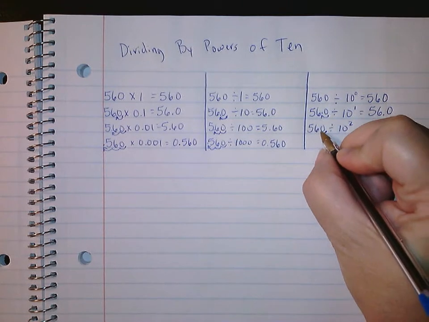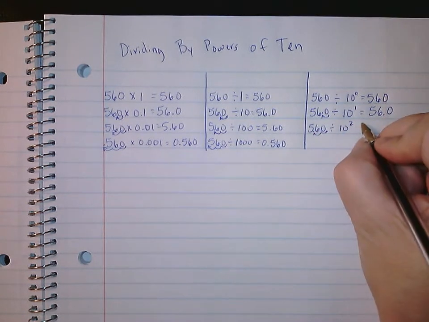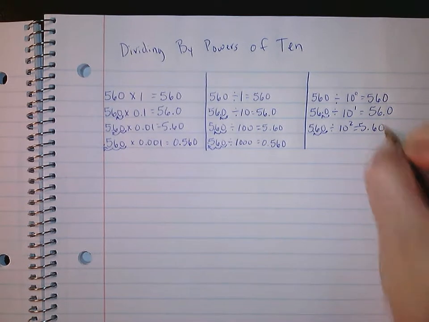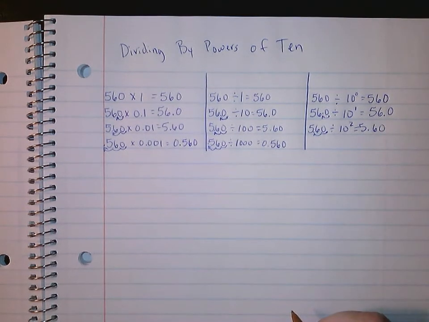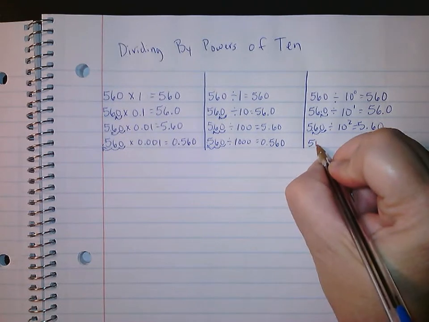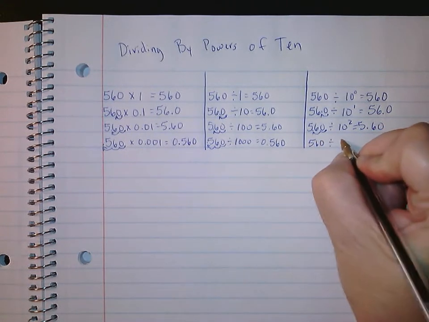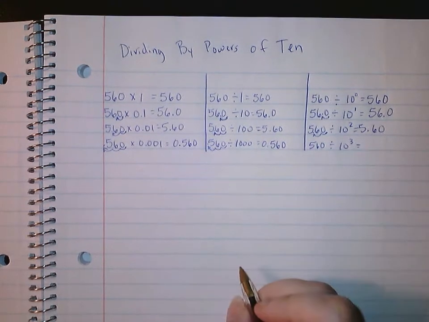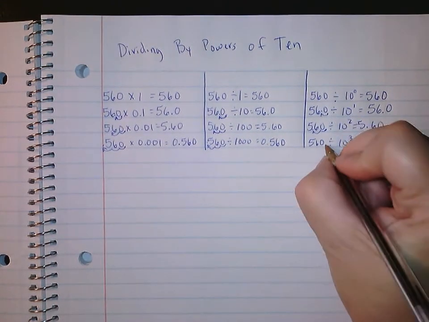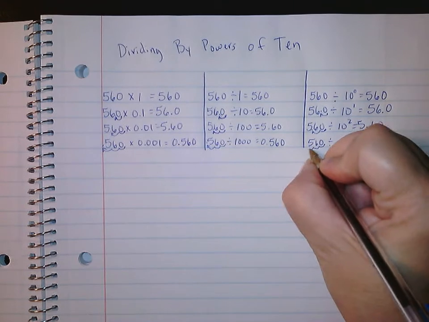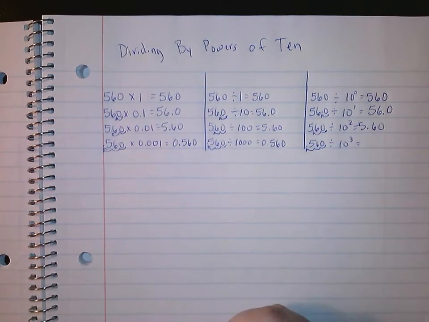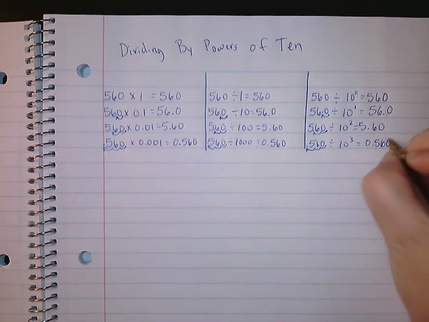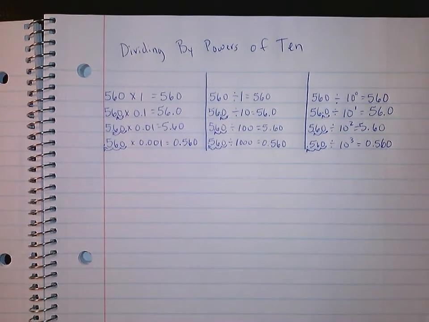So it's going to go 1, 2. So my answer is 5 and 60 hundredths. 560 divided by 10 to the power of 3, which means I place my decimal 3 places to the left. So decimal's here. I'm going to place my decimal 3 places to the left. So 560 thousandths is my answer.